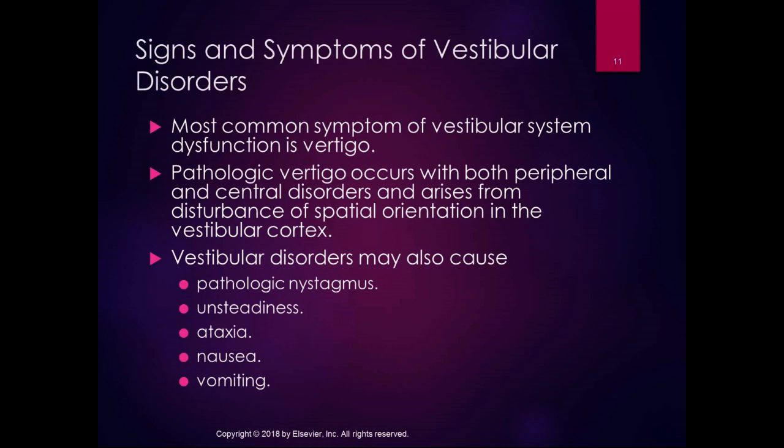Just like we talked about with somatosensory lesions, you can have ataxia caused by peripheral sensory loss, vertical tract loss, or loss in the cerebellum. It's the same thing with the vestibular system. Vertigo can be caused by peripheral loss, something in the nerve or the vestibular nuclei, or in the cerebellum.